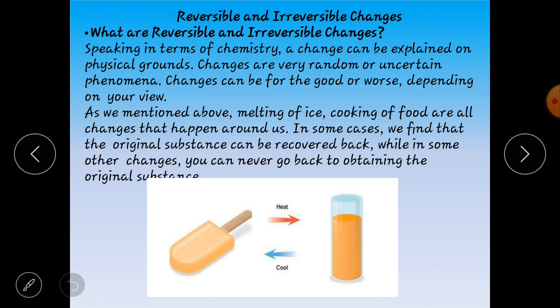Changes can be for good or worse depending on your view. As mentioned above, melting of ice, cooking of food are all changes that happen around us. In some cases, we find that the original substance can be recovered back, while in some others, you can never go back to obtain the original substance.